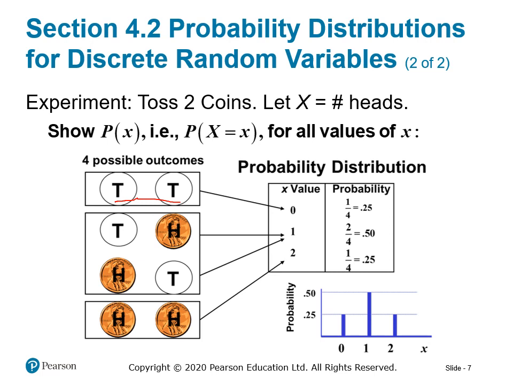I can have the first toss be tails and the second toss be heads, or I can have the first toss be heads and the second toss be tails. So in both those cases, I get 1 head. So that's 2 out of 4, or 50%, 0.5. And then finally, I can have both of those tosses be heads, and in that case, I'll have 2 heads, and the probability of that is 0.25. This is the table we're talking about.